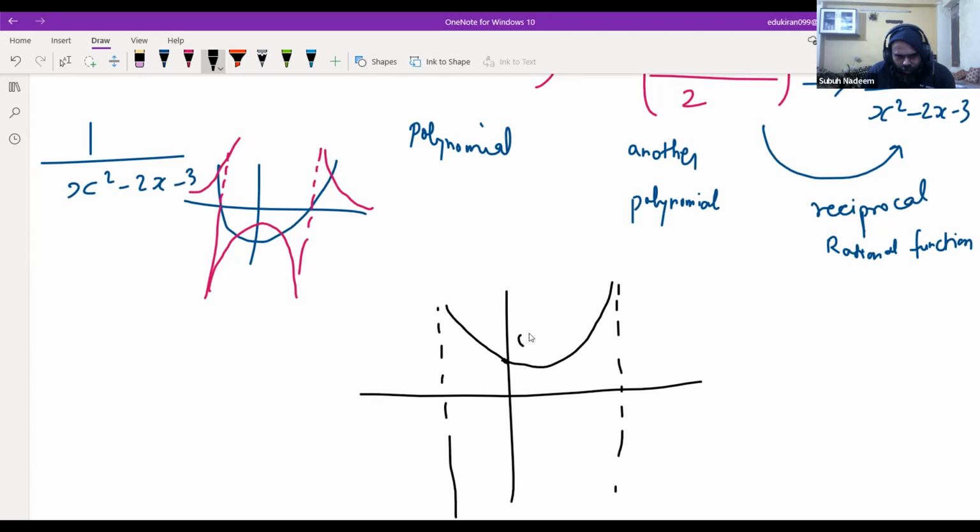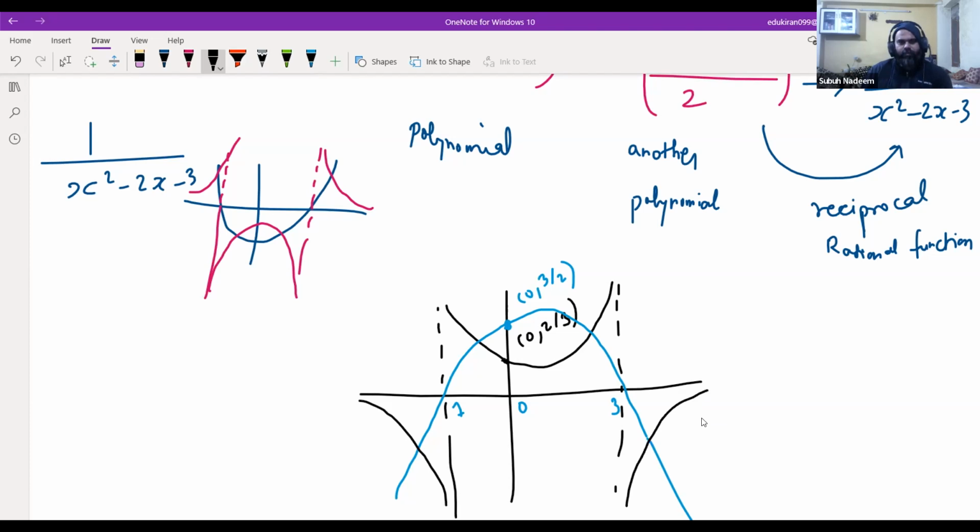This is 0 comma 2 by 3. And that one was the polynomial function, it was like this. 0, 3 by 2, and its reciprocal value. This is 1, this is 3, this is the origin, and another part of this reciprocal rational function is this one and this one.